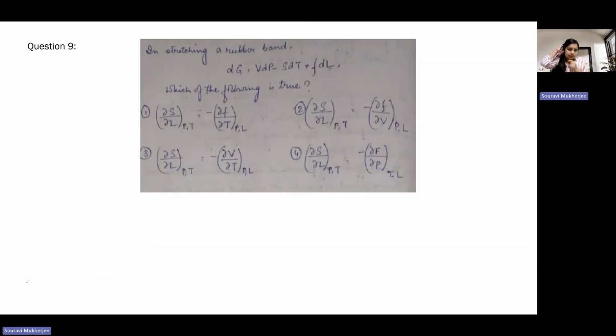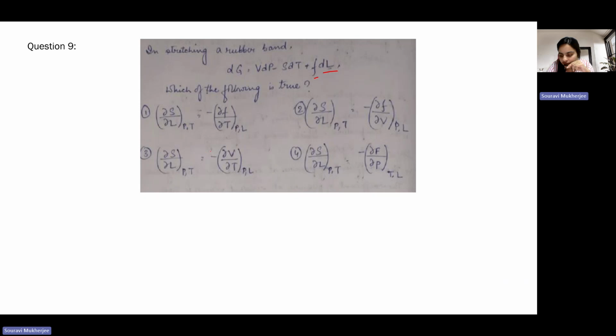Okay. Now, in stretching a rubber band, dG is given. This is the Gibbs free energy, and it is of this form. Okay, so if there is a rubber band, there is some force times dl term here, and V dP, S dT. Now, which of the following is true? That's the question.